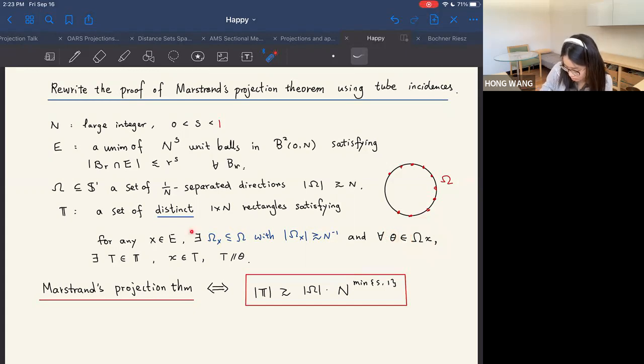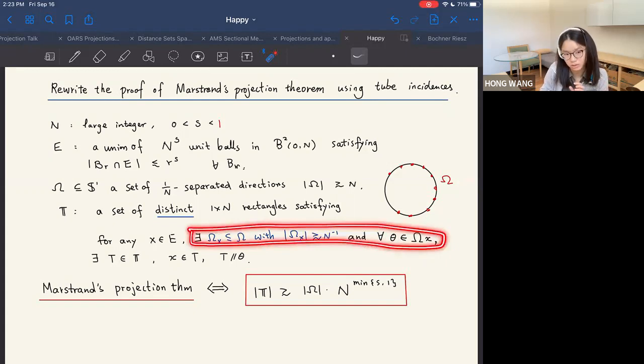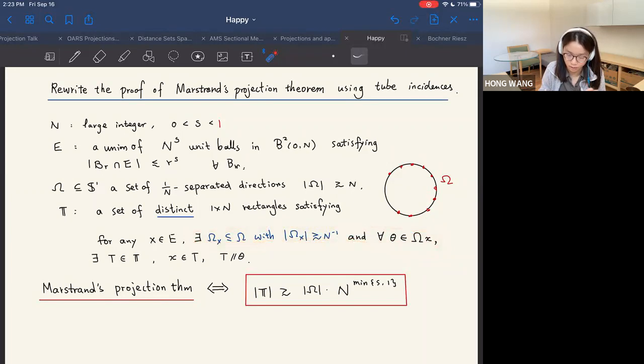For simplicity, you can just think that for any x in E and for any theta in omega, there exists a tube in our collection in the direction theta that contains x.